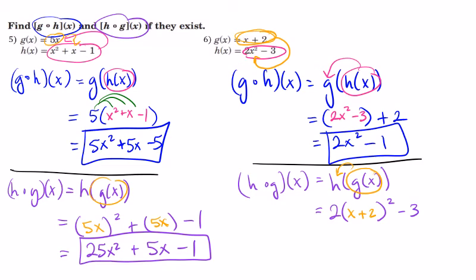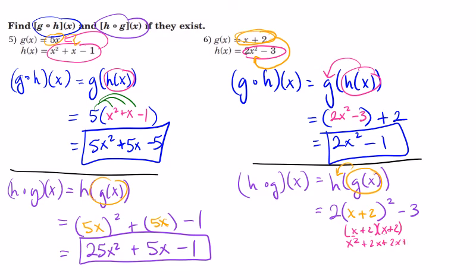All right, now we just operate. So here we have to square. So remember, when we square this, it's going to be x plus 2 multiplied by x plus 2. And so x times x is x squared, and then x times 2 is 2x. 2 times x is 2x.